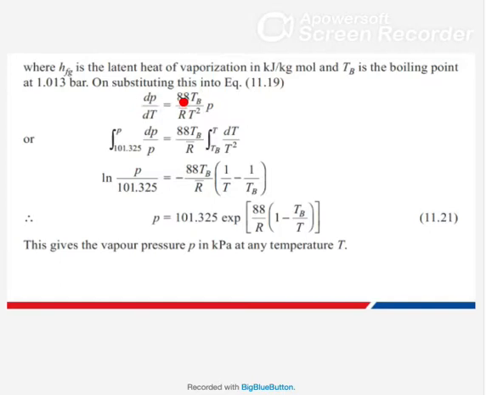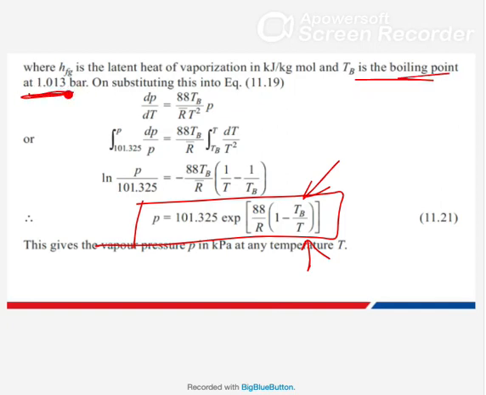Like dP by dT equals this, you can put 88 there, and if you integrate this, you can calculate. So if you know the temperature and the boiling point at 1 bar, 1.013 bar, which is one atmospheric pressure, for that particular substance, like if it is water, the boiling point at this pressure is 100 degrees centigrade.